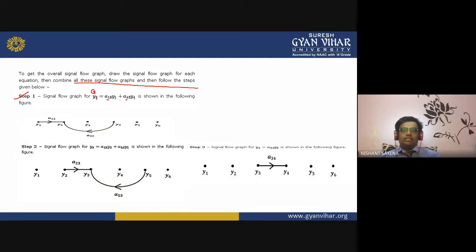That means it is giving a relationship for the 3 nodes and their interconnections. So y2 is equal to this plus this. That is, it has 2 incoming branches. And what is such a node called? It is called an output node. It is acting like an output node right now.